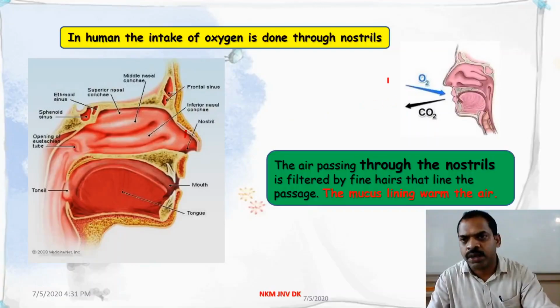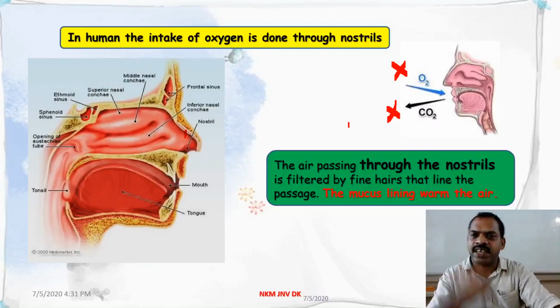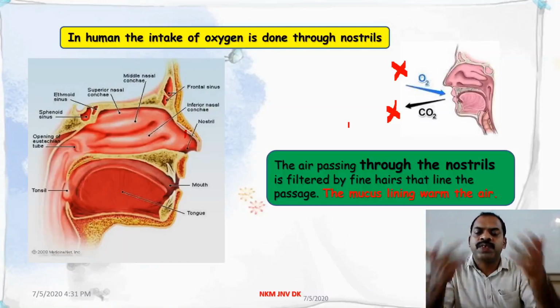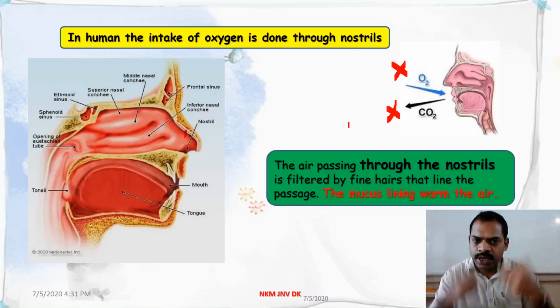So this is how the oxygen as well as carbon dioxide move. But one thing I want to make clear: we are not taking in only oxygen and we are not delivering only carbon dioxide. What we are taking in is atmospheric air, which contains nitrogen, oxygen, and dust particles.